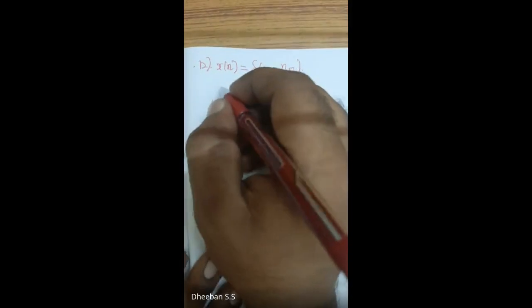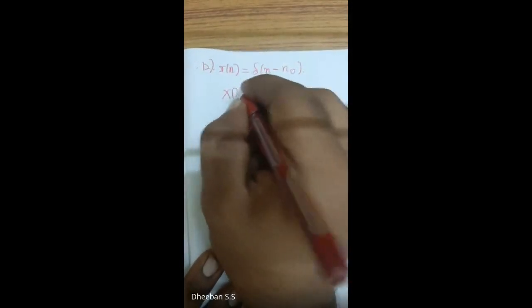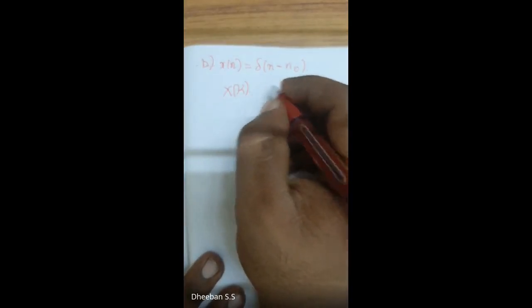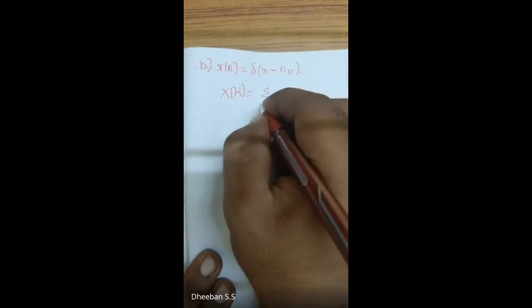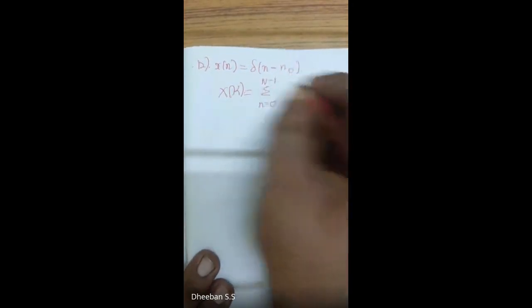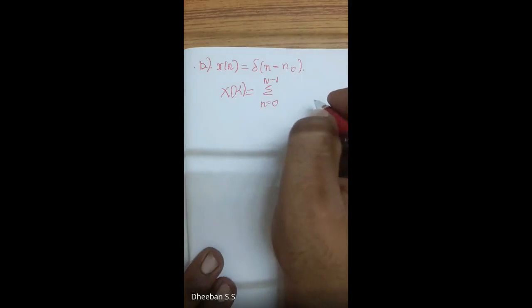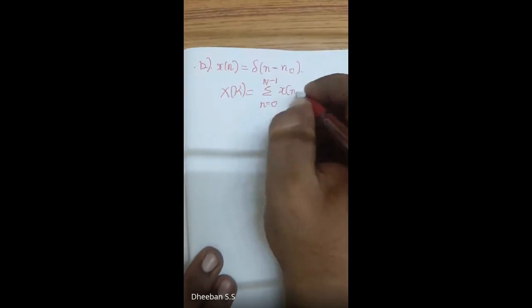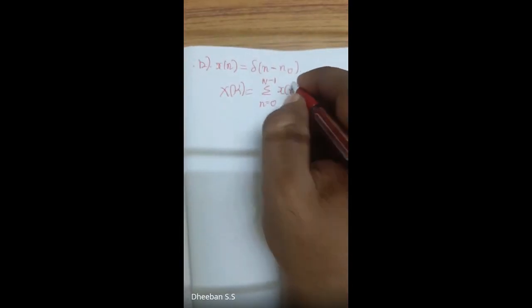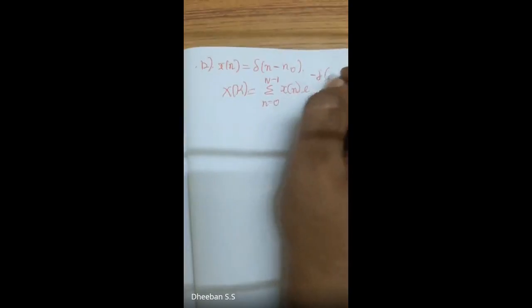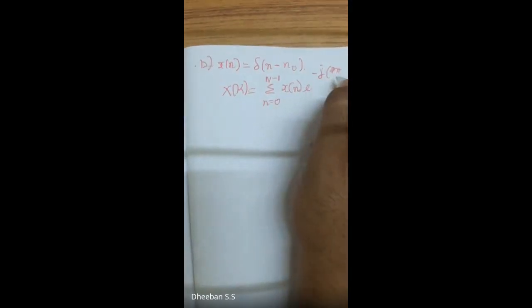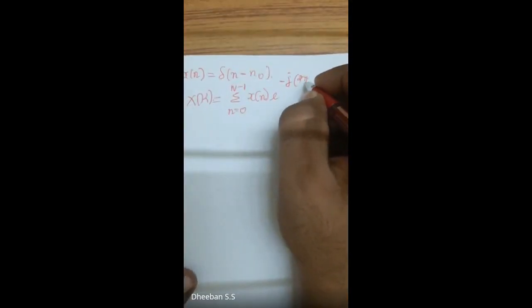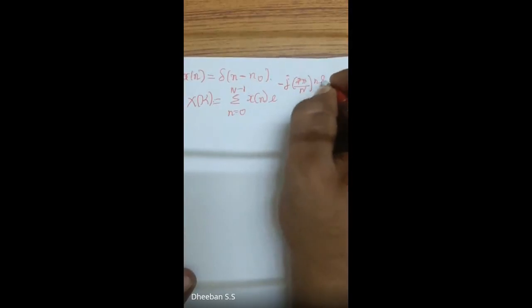So x of k is summation n equal to 0 to N minus 1, x of n e power minus j 2 pi by N into small n into k.